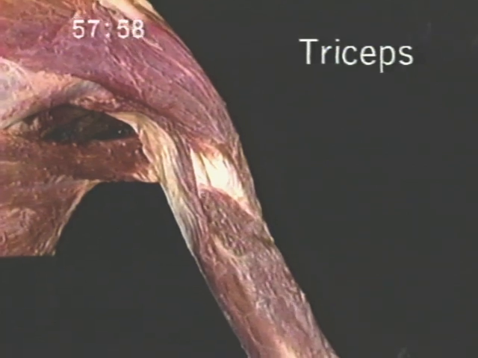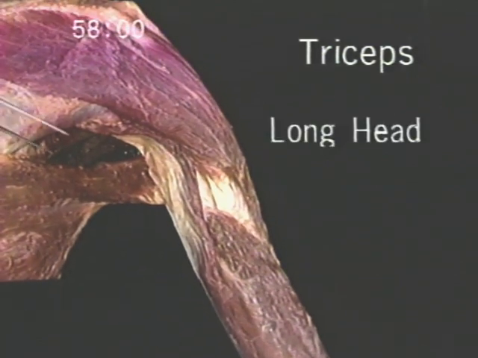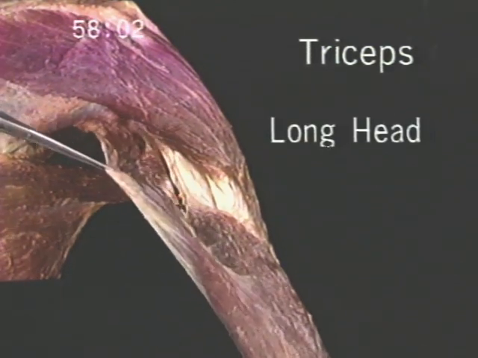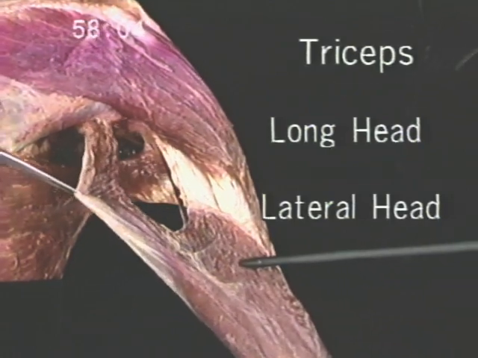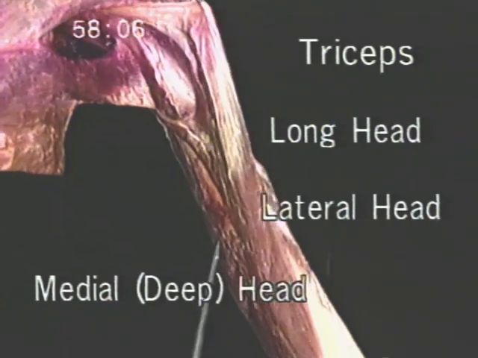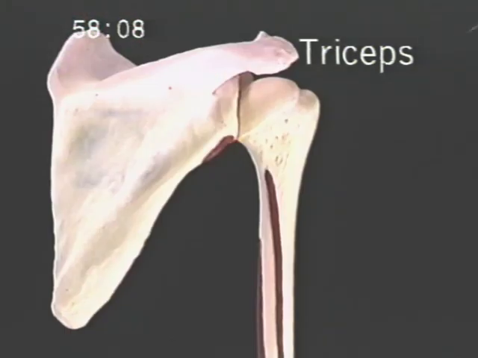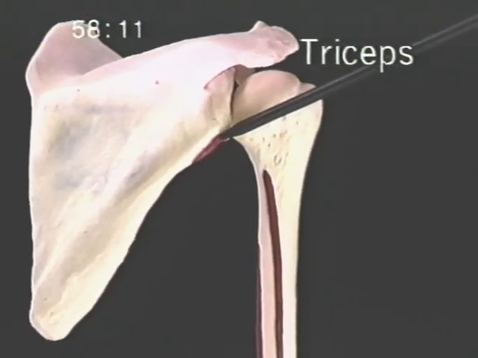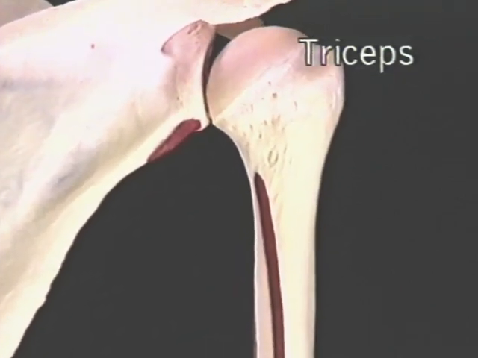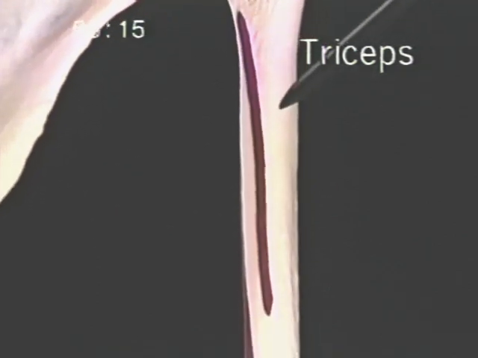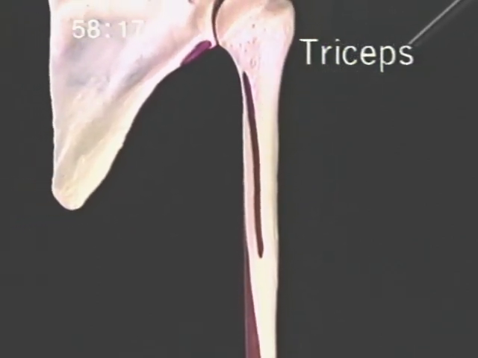The triceps muscle has three heads, a long head, a lateral head, and a medial or deep head. The long head arises, as we saw in the last section, from the infraglenoid tubercle of the scapula. The lateral head arises high up on the lateral side of the posterior humerus.